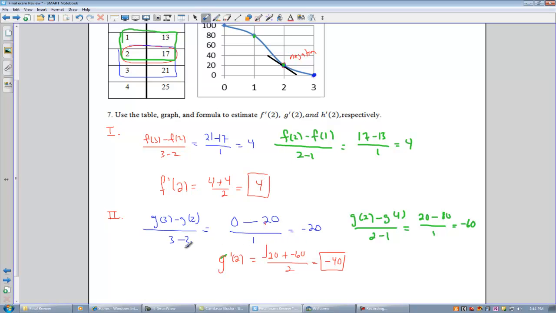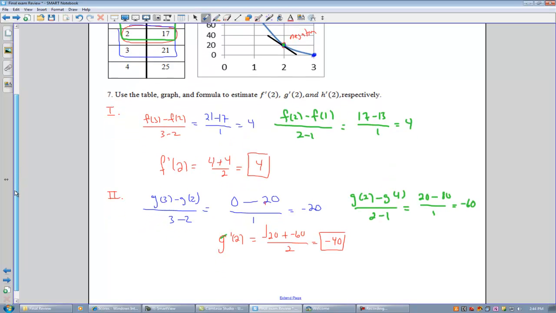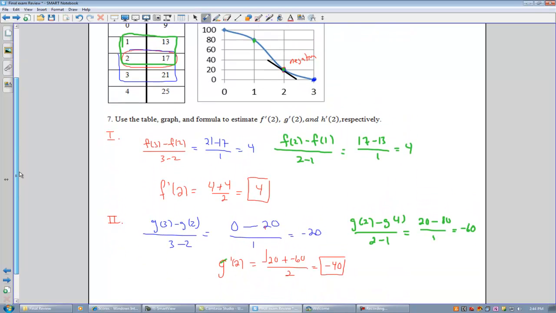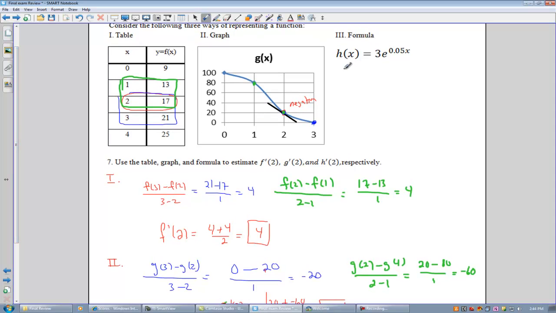All right, and now the last one that we're going to do here, and let's just do it right up here. So for the formula, if I want to find h prime of 2 and you give me a formula, I can actually give you a really nice approximation because I can plug in a point really close to 2.